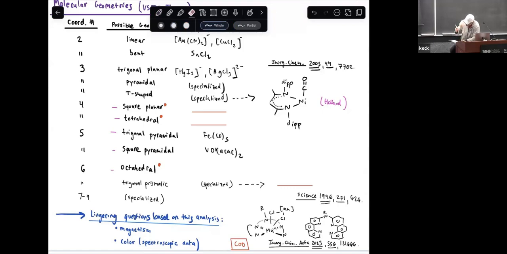And so let me go through and fill out some of these. So square planar, we have a classical example that we'll cover more later in class. Some folks, feel free, if you know the name of this, to just shout it out. Any takers? Wilkinson's catalyst, thank you.